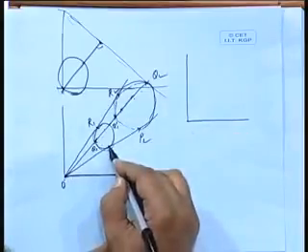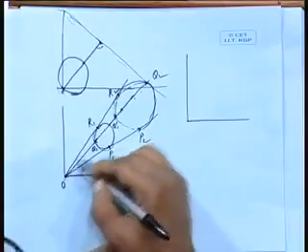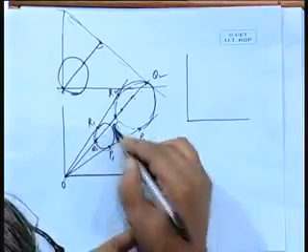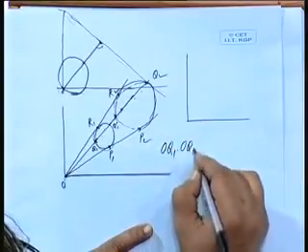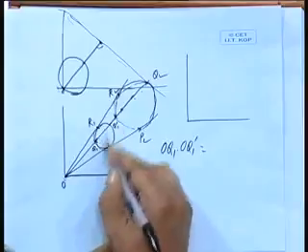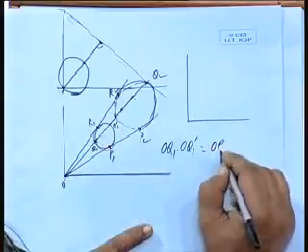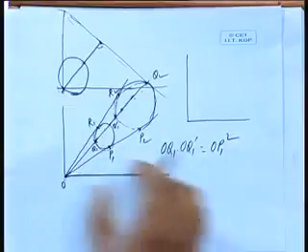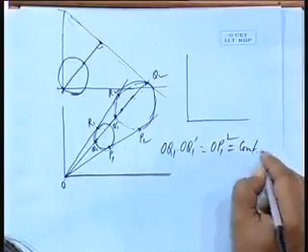See, OP1 into OP2, okay, OQ1 into OQ1 dashed is equal to OP1 squared or OR1 squared, either way, okay, because the tangents are of same length. OP1 squared, this is a constant.